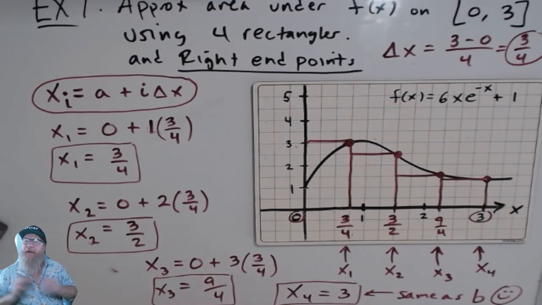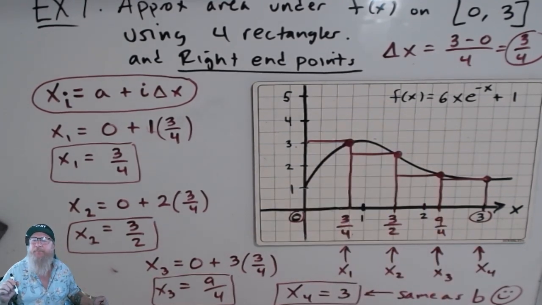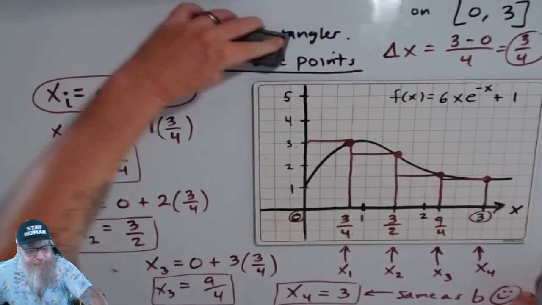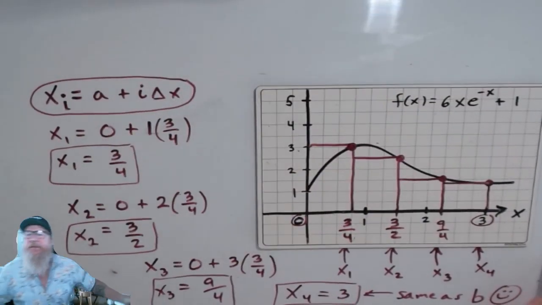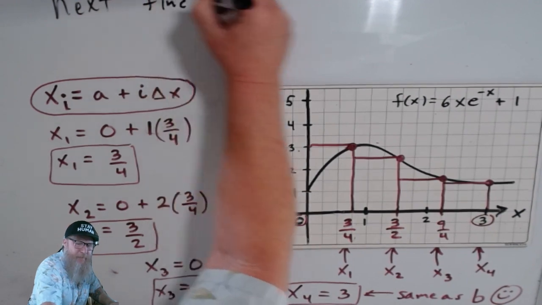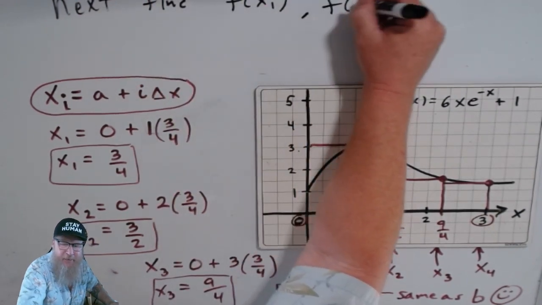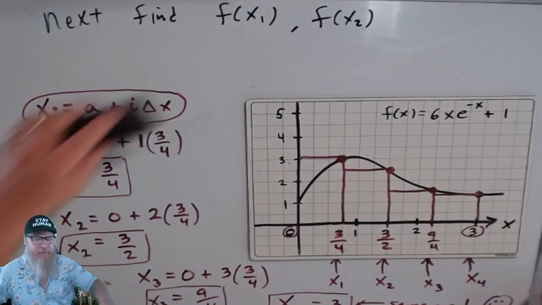All right. Now you're not done yet. You've got to find the y values now. So to find the y values, that's f of x1, f of x2. Oh, we've got to get that in there.